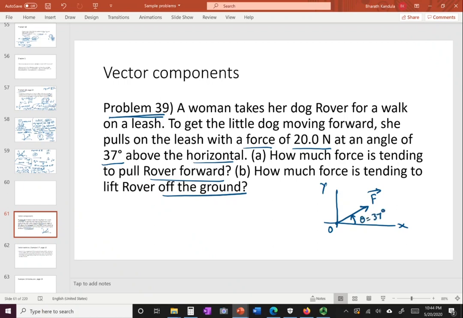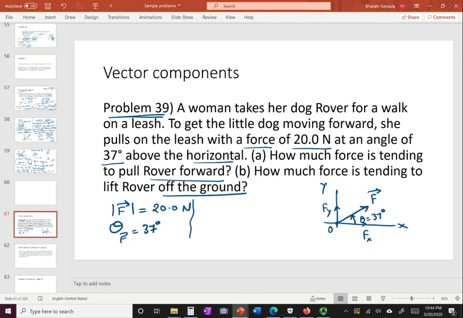The magnitude of the force is given to us, which is 20 newtons, and the direction of the force is 37 degrees. The projection of this force vector along the x direction is Fx, and along the y direction is Fy.